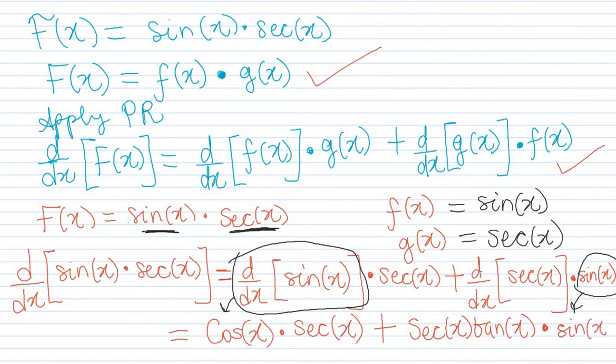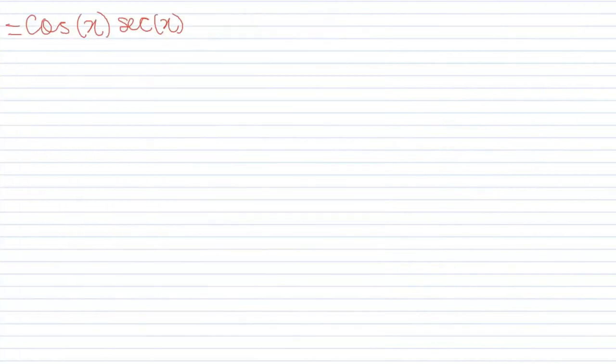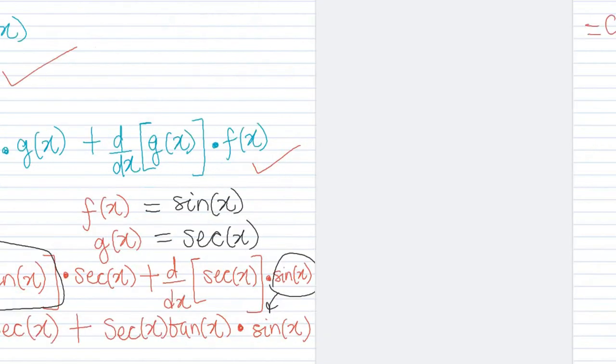I'm just going to rewrite this. So we have cosine x multiplied by secant x. I'm just copying what we just did at the bottom here. Plus secant x tan x multiplied by sin x.